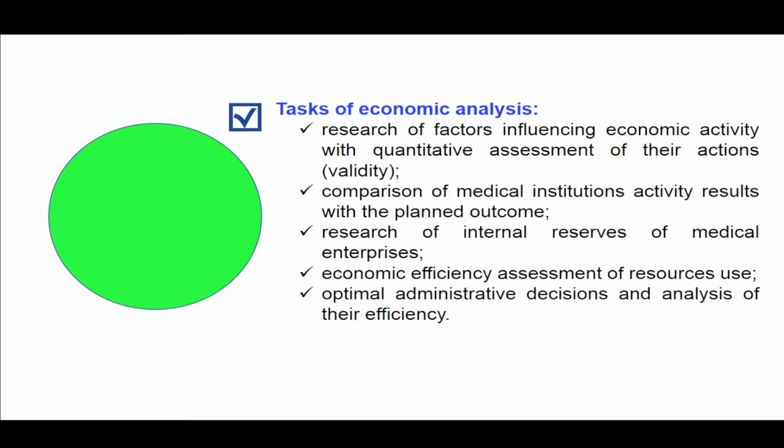That is a very important moment of our today's practice, when we define the economic situation of any institution. And the next element is optimal administrative decision and analysis of their efficiency. Those are the main elements of economic analysis.